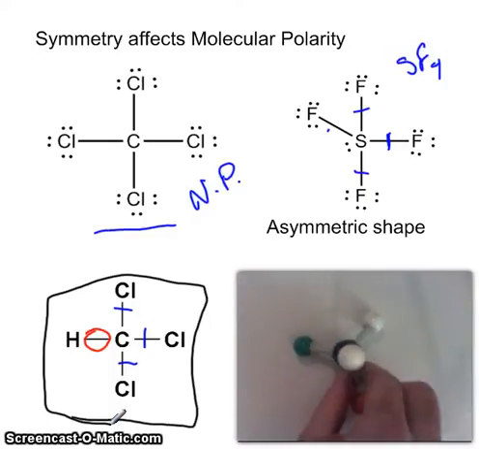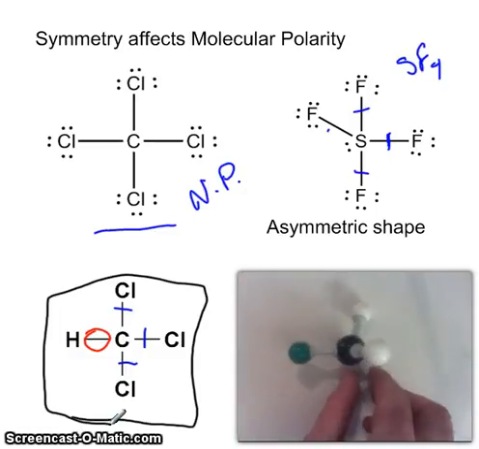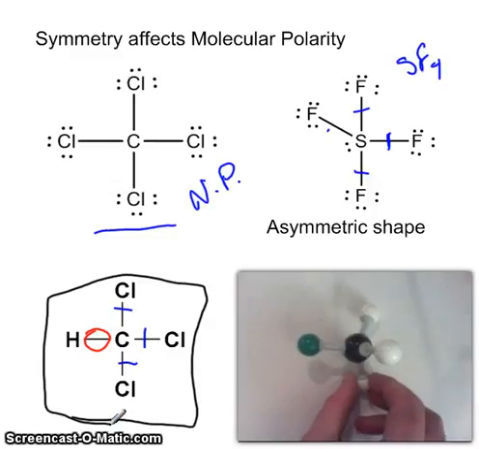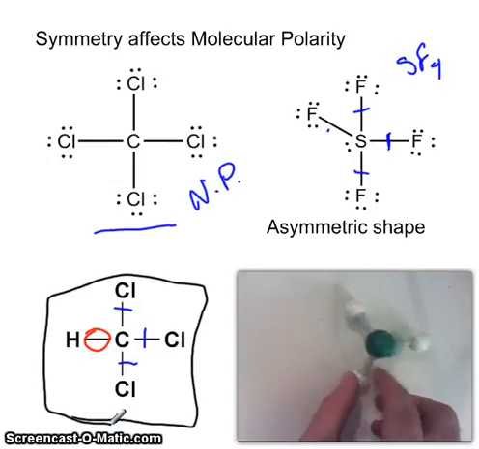If you look, can't you see that all the chlorines are on one side of the molecule? All the white atoms, do you see the white atoms there? They're on one side of the molecule. That means there's an unequal distribution of electrons around the chlorines. So that makes this guy polar.